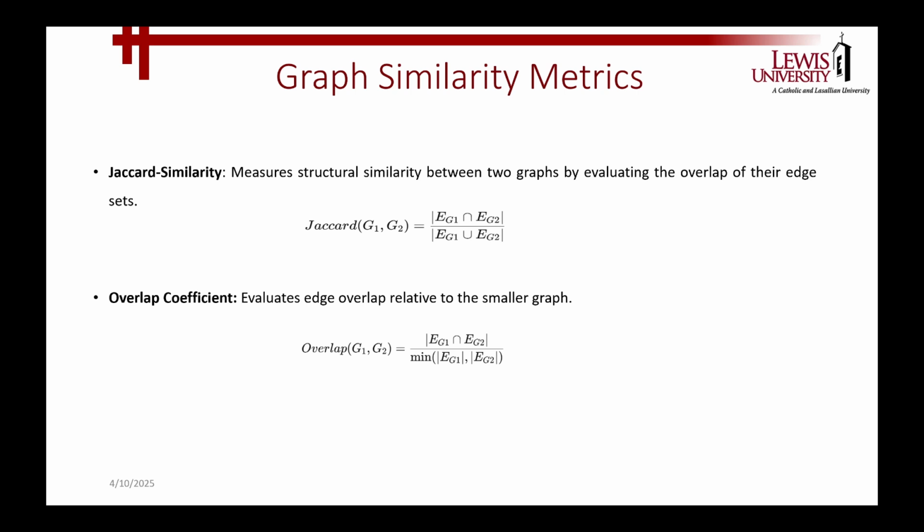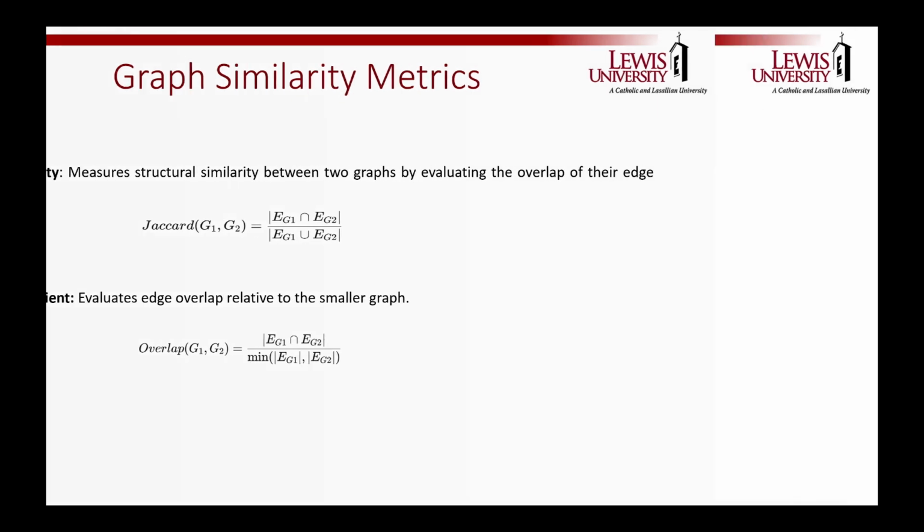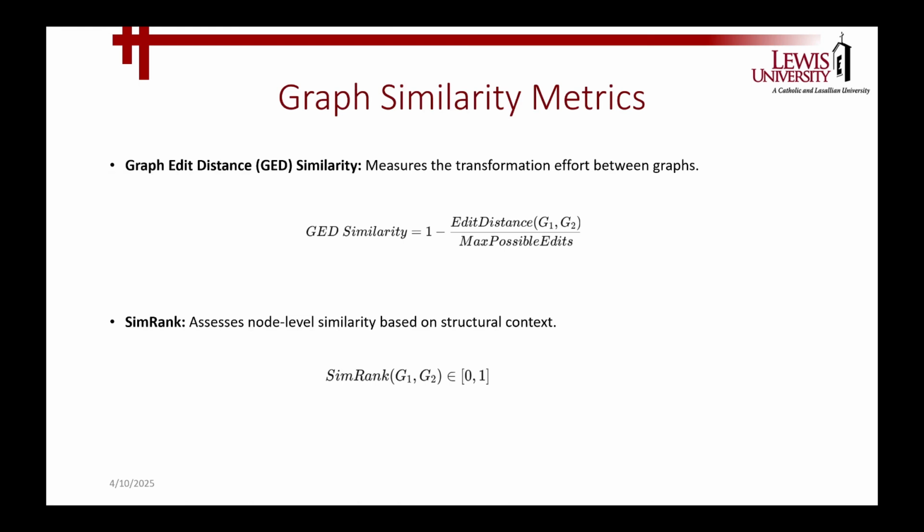In addition to this, we have graph edit distance and SimRank. Graph edit distance quantifies the minimum number of changes required to transform one graph into another, thus effectively measuring structural similarity or dissimilarity. A lower GED indicates higher structural similarity.